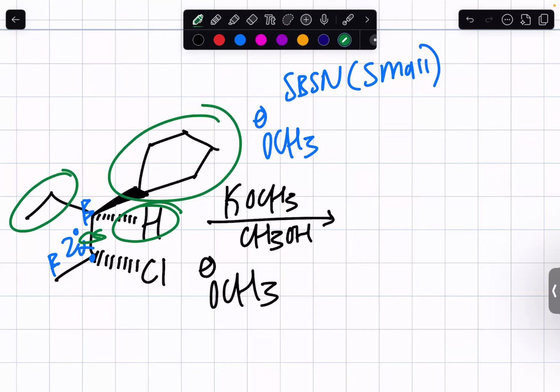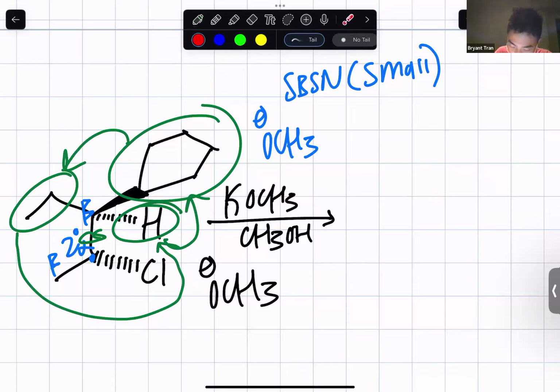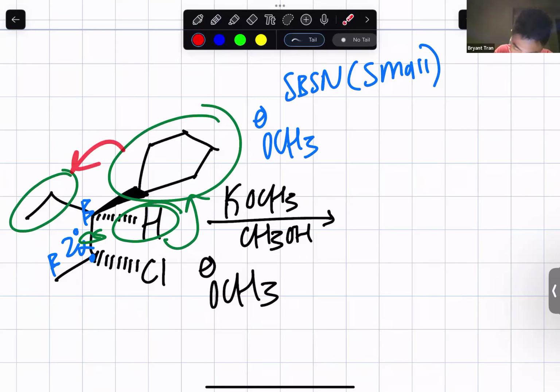Clockwise? Let's see. Oh, in this case it's going to be counterclockwise. You can do clockwise, but you have to do it two times. If I only want to do it one time, I'm going to rotate it counterclockwise.